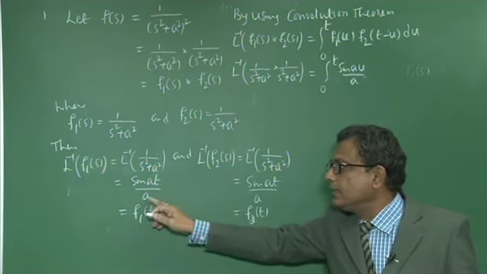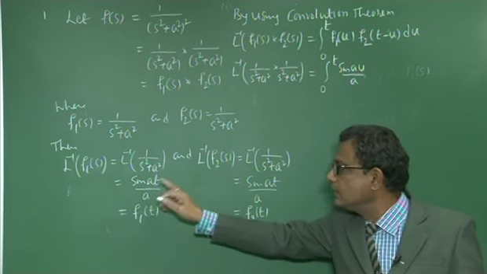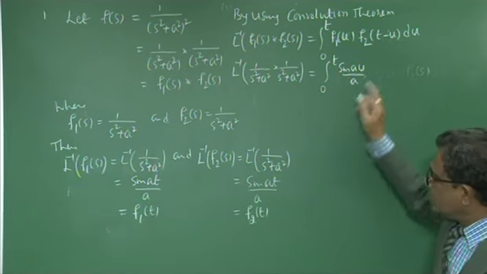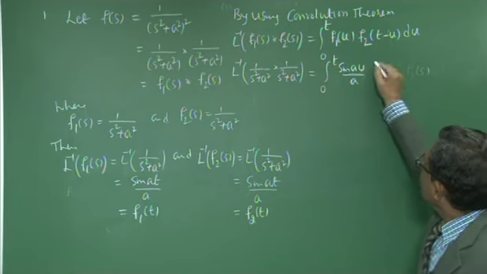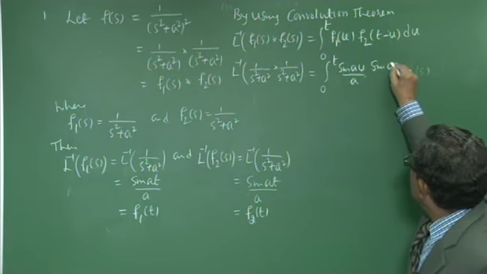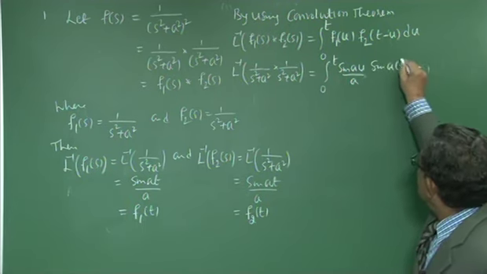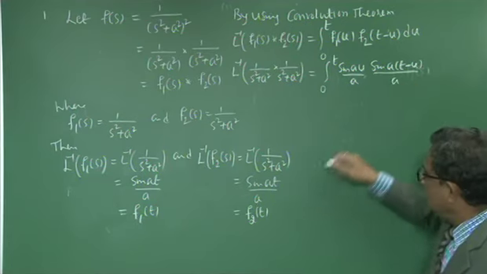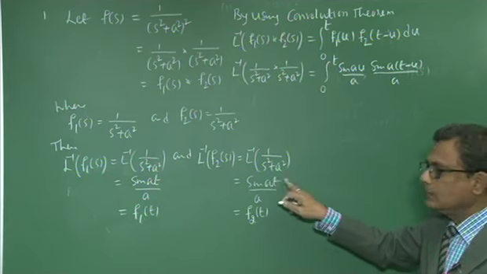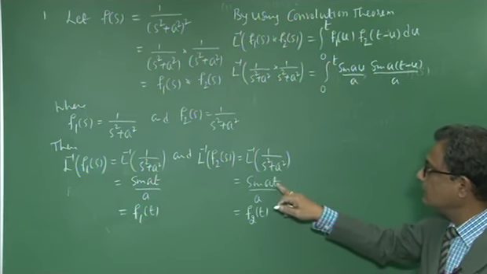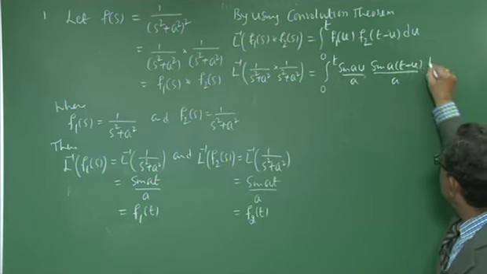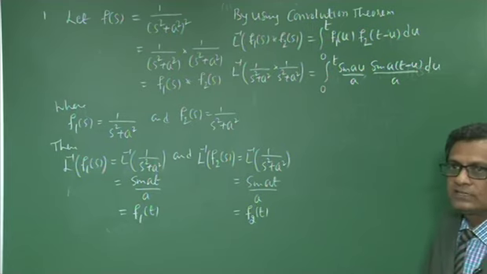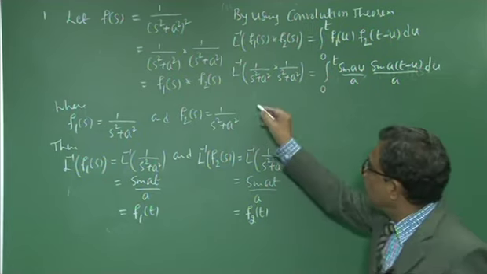Sin at by a is there, t changes to u, sin au by a. Second function F2 of t, it is sin of a into (t minus u) by a. T changes to t minus u, and integration is with respect to u.